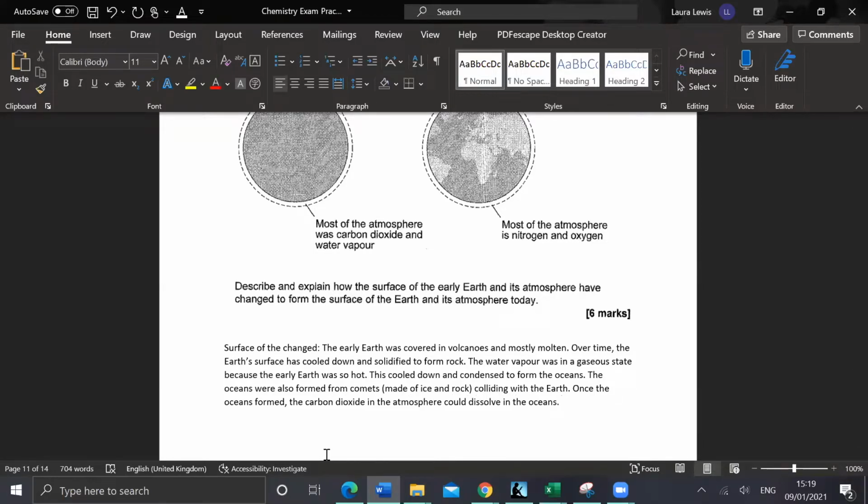So carbon dioxide dissolves in water. It's a bad thing as well, because with carbon dioxide emissions from things like cars and factories, it can dissolve in the oceans, obviously more than the natural cause. It can cause ocean acidification, and that can kill marine life like corals. But yes, carbon dioxide is dissolved.